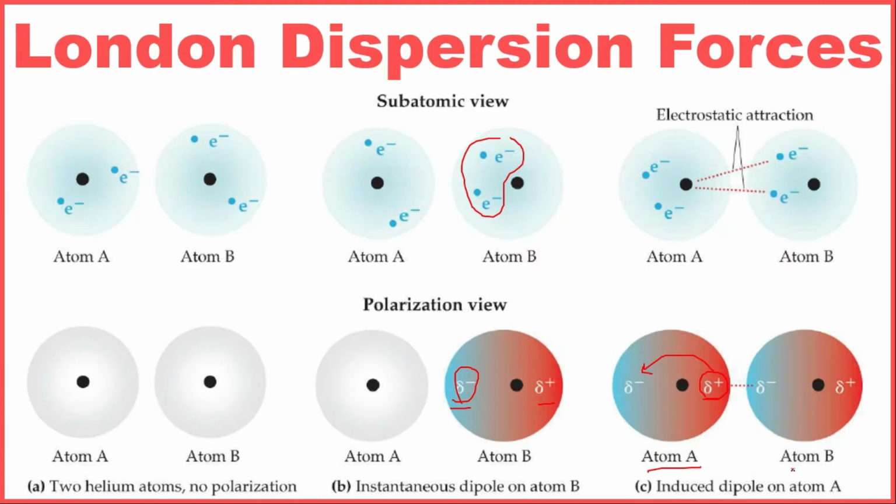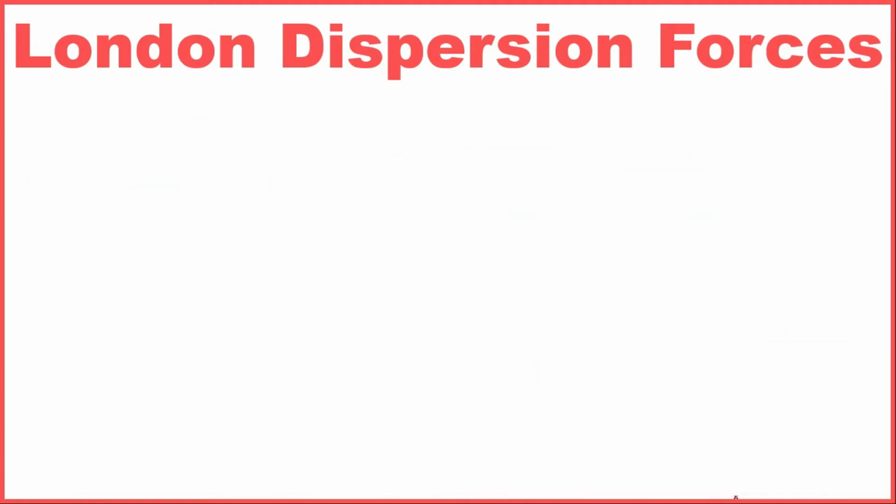What you have to remember is that London dispersion forces are attractions between an instantaneous dipole and an induced dipole. Also remember that dispersion forces exist between all molecules, but they are the only forces that exist between non-polar molecules. Okay? Polar molecules and ions can also induce dipoles in non-polar molecules.